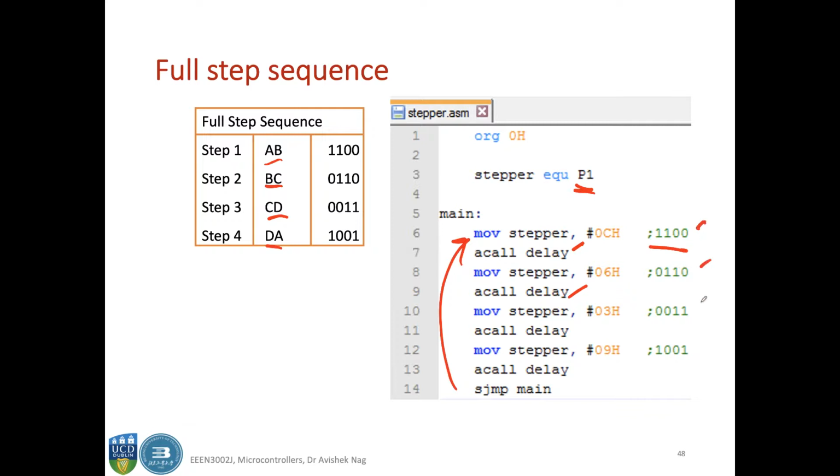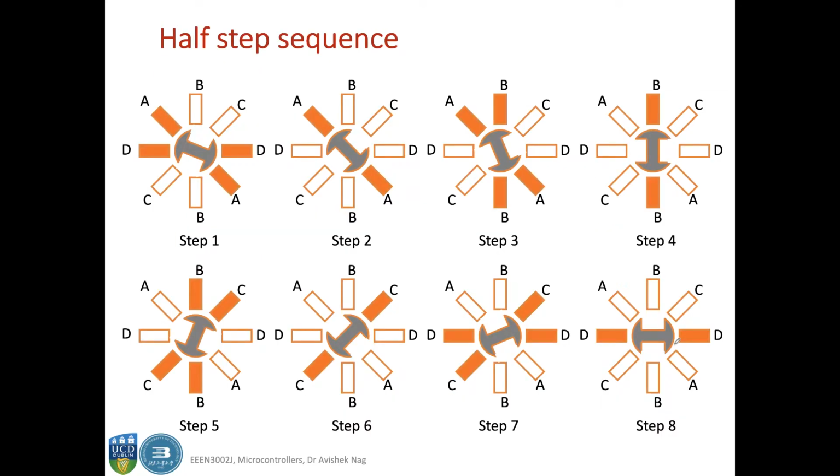Based on these numbers, it will go through these steps. So for step 1 you have 1 1 0 0, for step 2 you have 0 1 1 0, for step 3 you have 0 0 1 1, and so on. So that was a full step sequence.